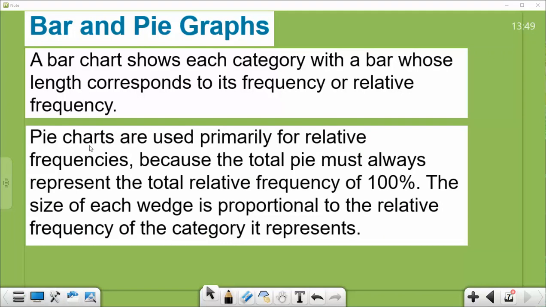Pie charts are used primarily for relative frequency because the total pie must always represent a total relative frequency of 100%. The whole pie would be 100%, and the size of each wedge is proportional to the relative frequency of the category.